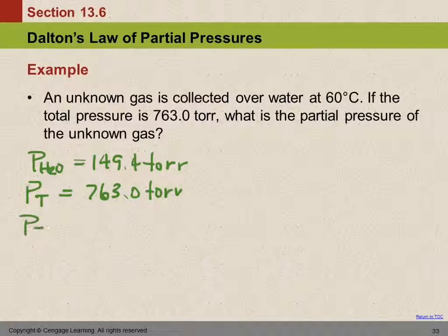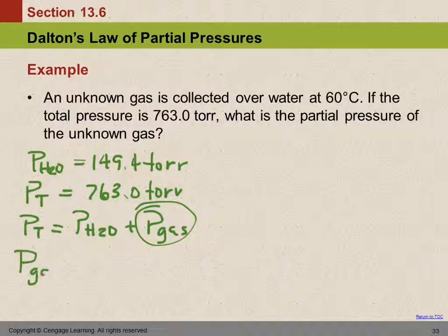And we know that the total pressure equals the vapor pressure of the water plus the partial pressure of the gas, and this is what we're trying to find. So the pressure of that gas is going to equal the total pressure minus the vapor pressure of the water.